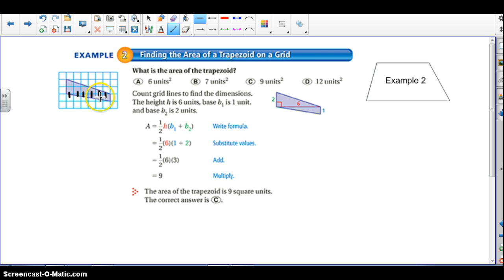Right in the middle of that baseline of the square. So then you know, once you count these tally marks, what the height is, which is 6. Then you have 2 and 1 for the sides. Easy enough. Obviously, the answer to this one is C. But notice, they did all the steps, and you need to do that. When you're done, please take a minute to watch the example for number 2, and then come back.